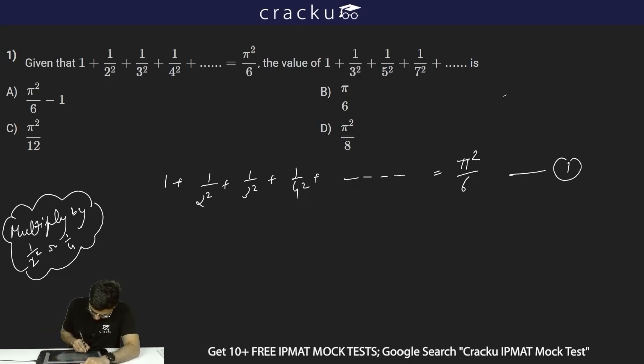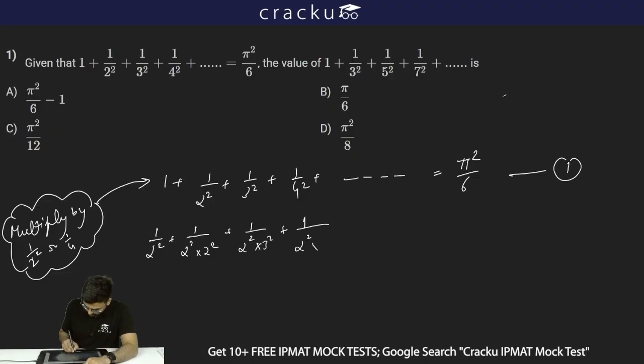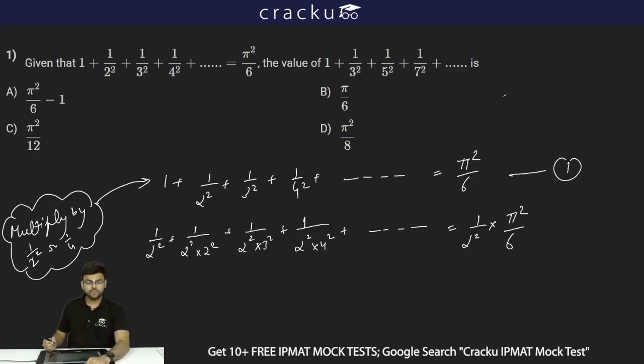So this will be 1 by 2 square plus 1 by 2 square into 2 square. Basically we are multiplying this equation by 1 by 4. So 1 by 2 square plus 1 by 2 square into 2 square plus 1 by 2 square into 3 square plus 1 by 2 square into 4 square up till infinite is equal to 1 by 2 square into pi square by 6. We have multiplied the equation by 1 by 2 square.